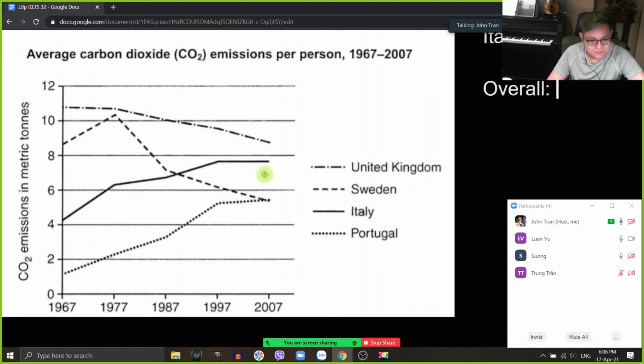Anything else, Miss Sương? You see anything? I can see that in 1967, the carbon dioxide emission of Italy and Portugal was about 1 to 4, but after 10 years it increased.